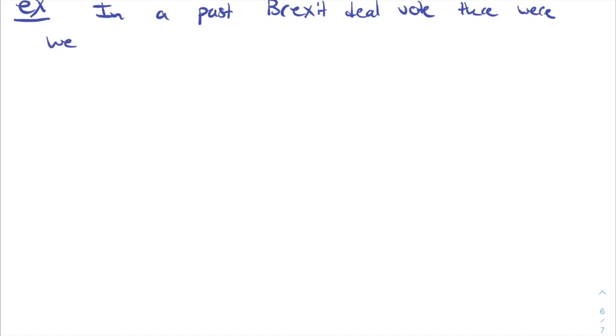Let's do an example. In a past Brexit deal vote, there were 230 more votes against than for.